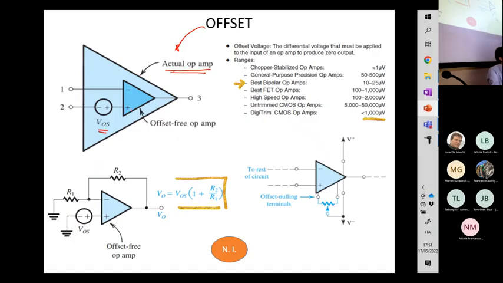The problem is that we can only measure this offset after the manufacturing of the op-amp. We cannot anticipate the value of the offset because the offset of a particular realization is given by statistical, unpredictable effects.